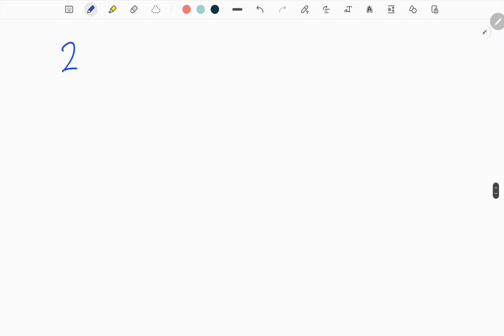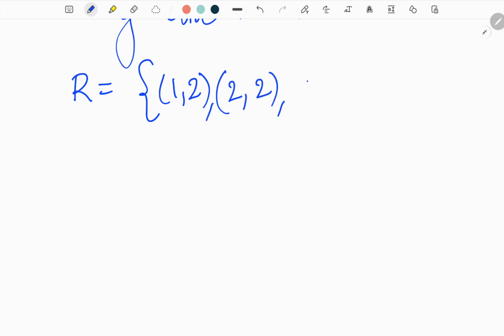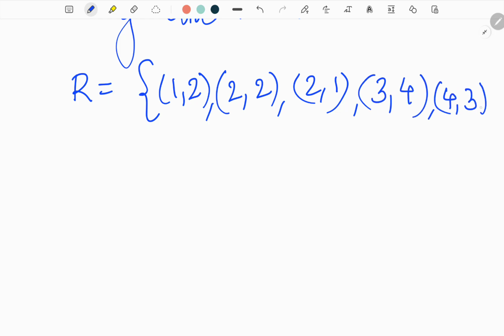The second type of relations is symmetric relations. Now, what do you mean by symmetric relations? Let's say I am having a relation 1 comma 2, 2 comma 2, 2 comma 1, 3 comma 4, 4 comma 3.